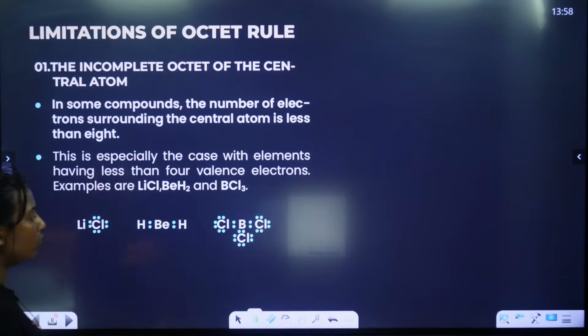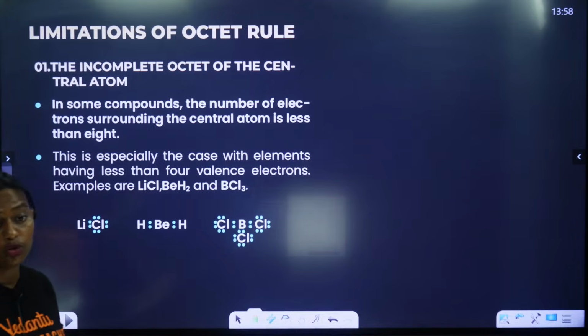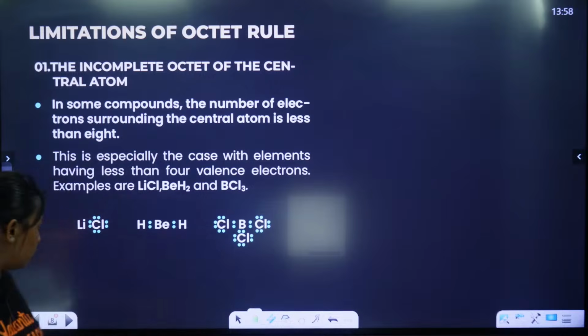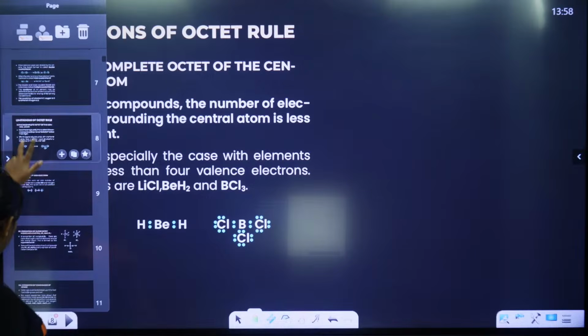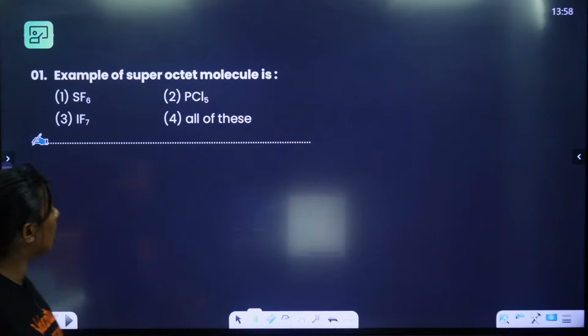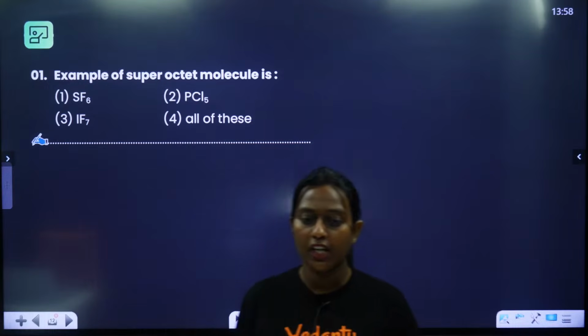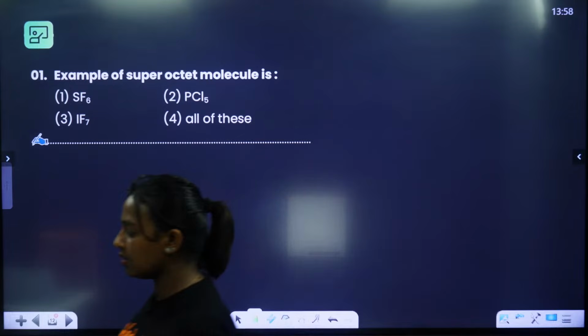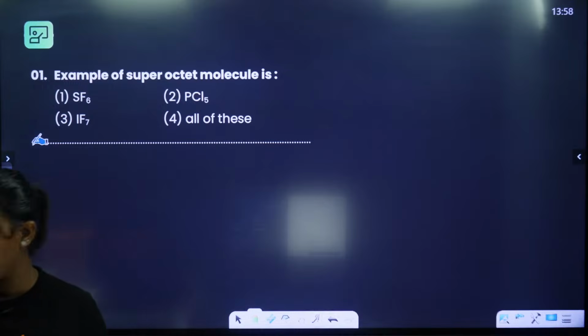The question was this one: example of super octet molecule. You can write the answer.